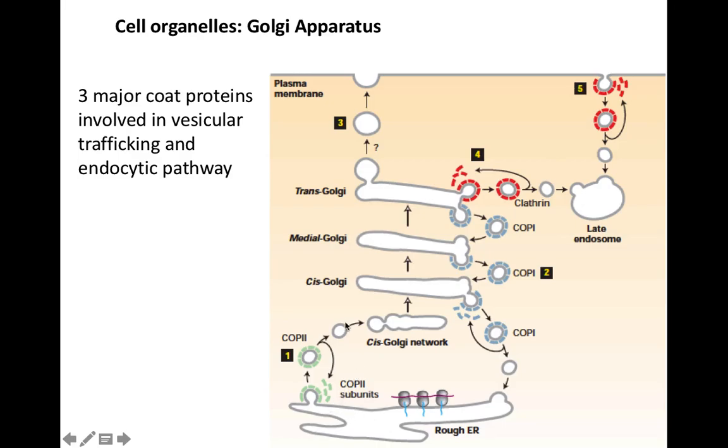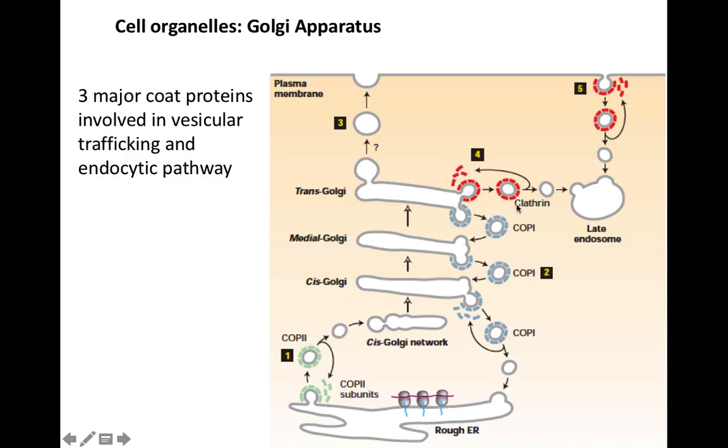The first one is COP2. For anterograde movement, or forward movement from the ER towards the Golgi apparatus, the vesicles are coated with COP2 proteins, and in a retrograde fashion, or backward movement, they are coated with COP1 proteins.